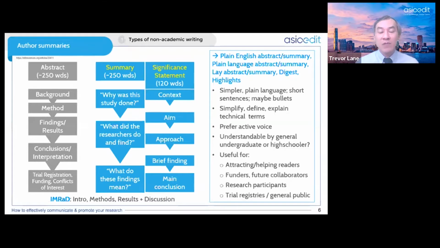And then for trial registries and public versions of your work, the general public can understand what you did, and then you're expanding your audience that way. So make sure you know the difference between just a summarized version and a plain language version. The plain language version is what we're talking about today.